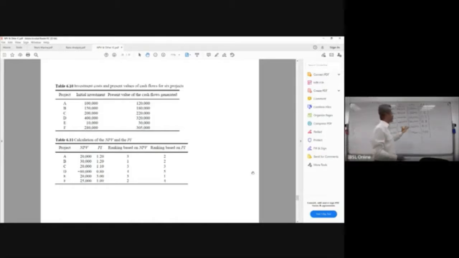So maybe you have to go by the profitability index ranking, because NPV doesn't show how much you are investing initially. But profitability index, because you are dividing by the investment, brings the initial investment into the equation.